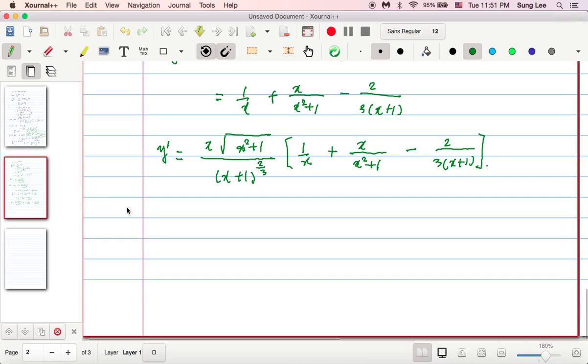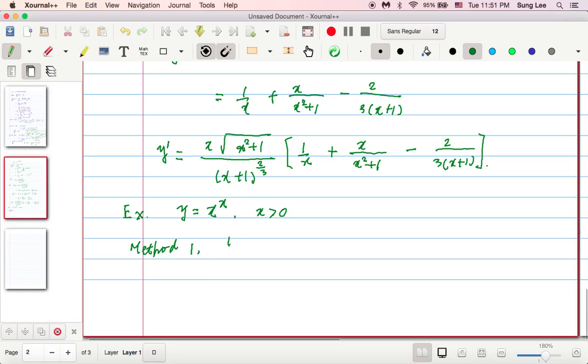So next example we want to talk about. We have this weird function, y equals x to the power x, where x is positive. All right, so there are actually two ways you can do it.